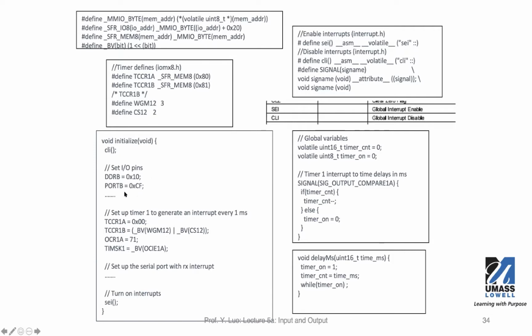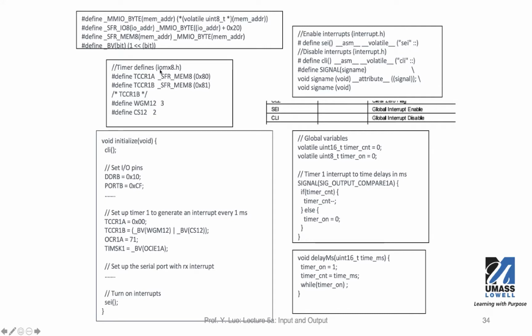Let me start from here. So when you refer to TCCR1A, we can see this is another header file that defines exactly what TCCR1A is. This is in iom8.h.